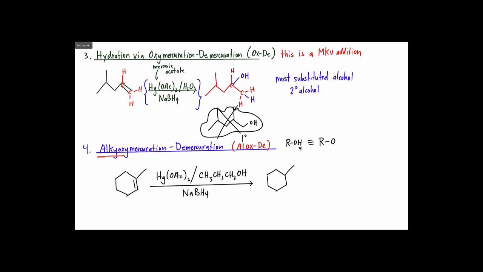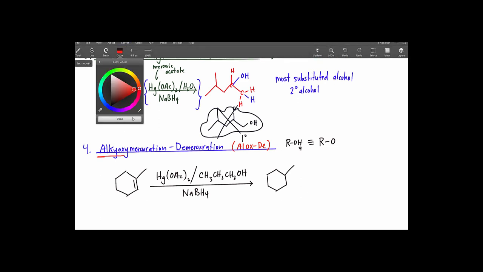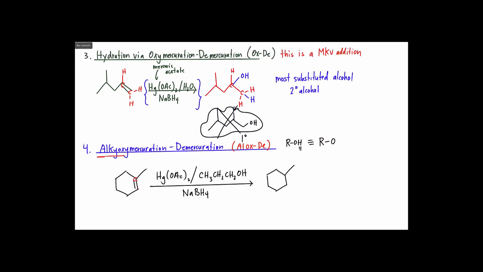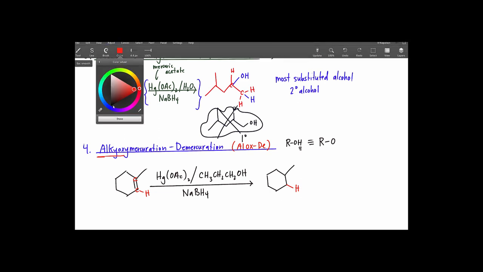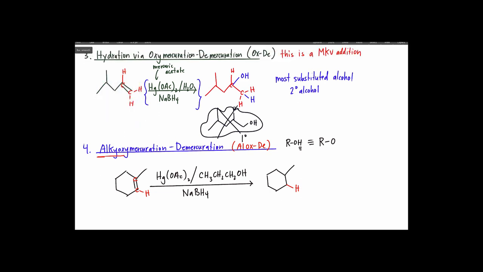Okay? So draw the same thing you have without the double bond. All right, now, which carbon in the double bond has the most hydrogen? That would be this one. So this is where the H would go.